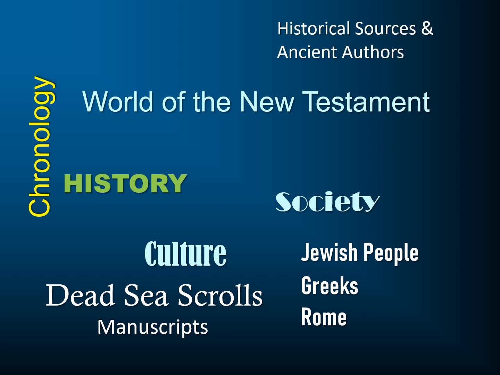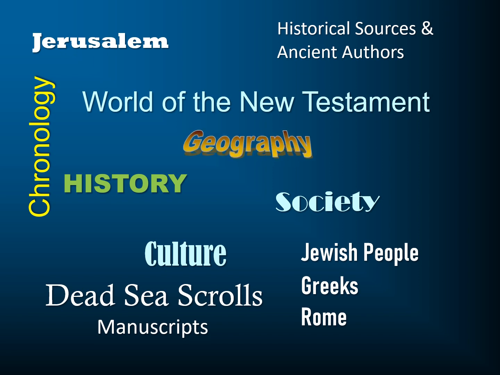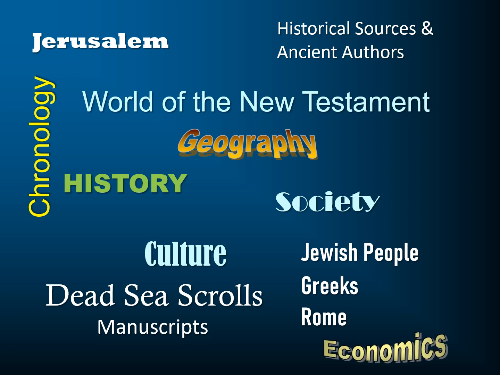The historical sources and ancient authors will walk around Jerusalem. We'll go on a sightseeing tour, and we'll get to know the geography, not just of Jerusalem, but of the entire ancient world. And we'll talk about the economics. And all of these things will make up the background of the things that were assumed by the original readers.